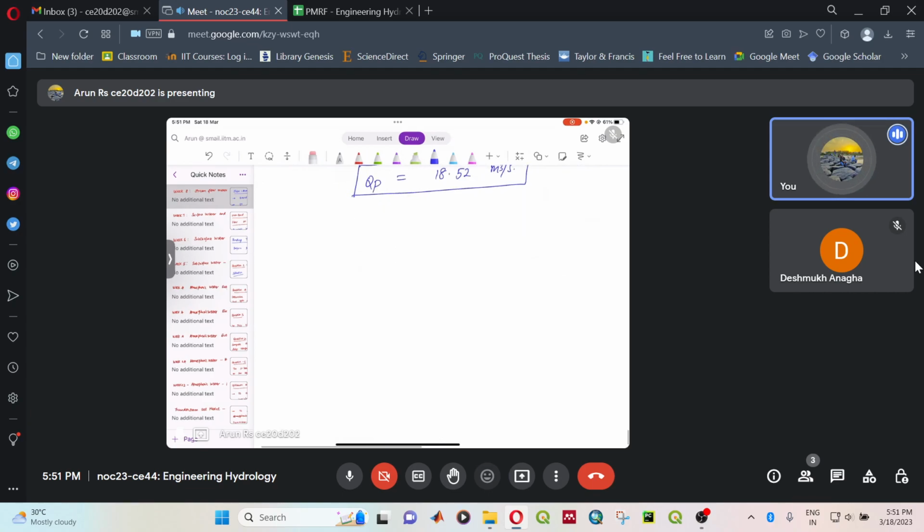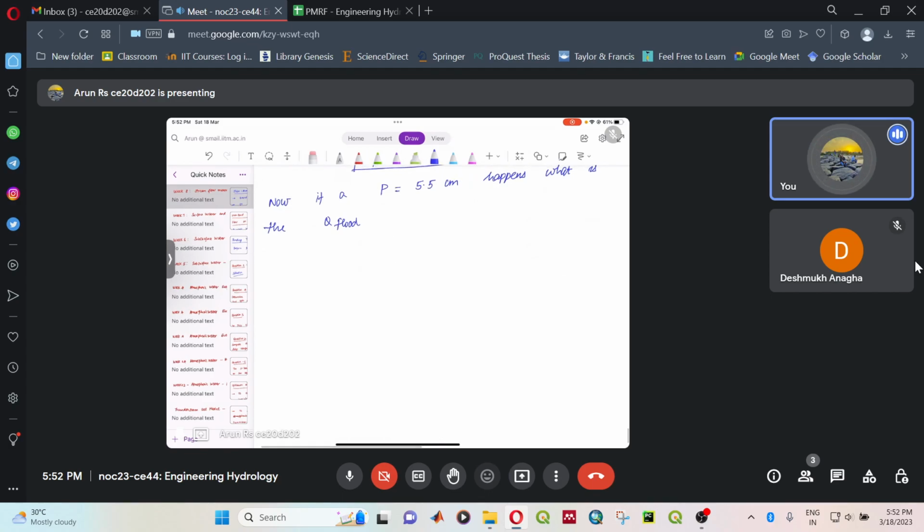Now what they are saying is that if a precipitation of magnitude 5.5 centimeter happens, what is the peak of the flood hydrograph?